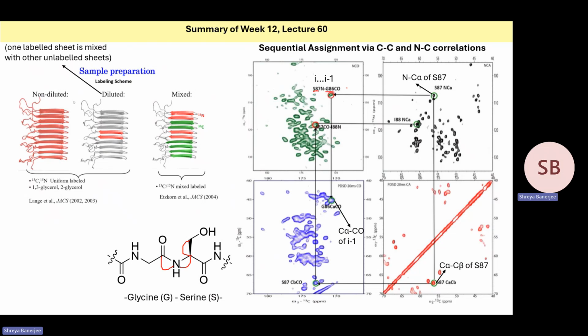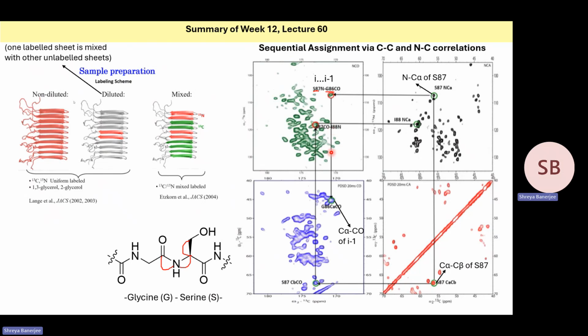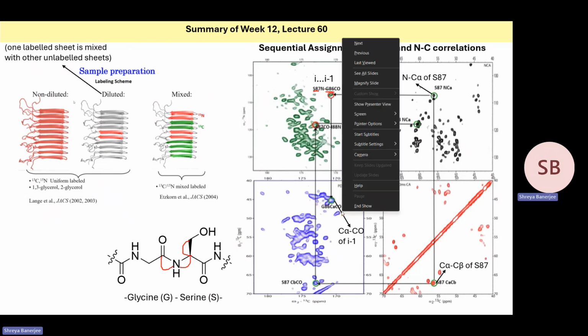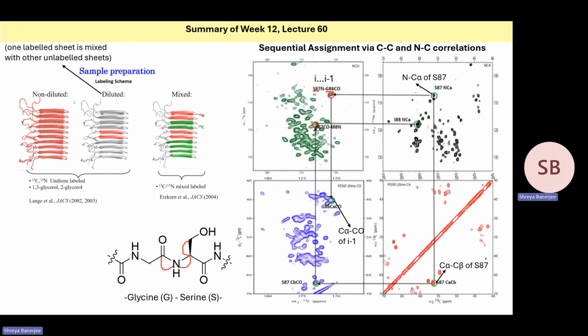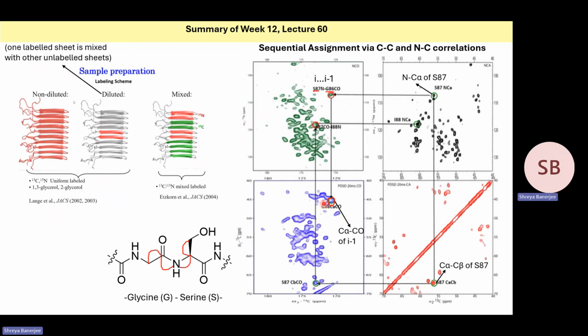So N of serine to CO of glycine, I-1 correlation. Then you come down along the vertical. This is again 13C, and this is the C alpha CO correlation of I-1. You arrive here. So basically you are walking through the amino acid chain like this.